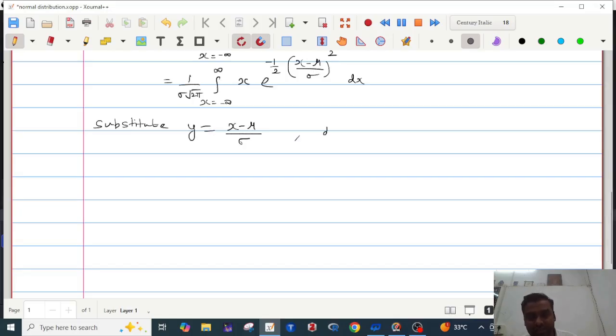If you differentiate this, you will get 1 upon sigma into dx, which implies dx is equal to sigma dy. And here the limits of x are from minus infinity to infinity. If you put the limits here, you will get y also from minus infinity to infinity. These are the limits of y.